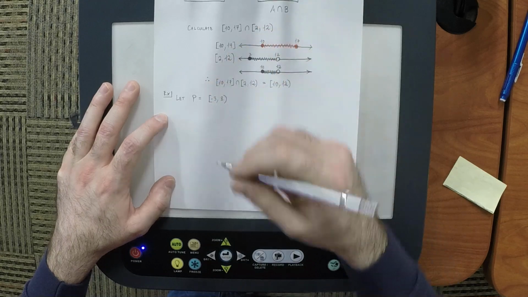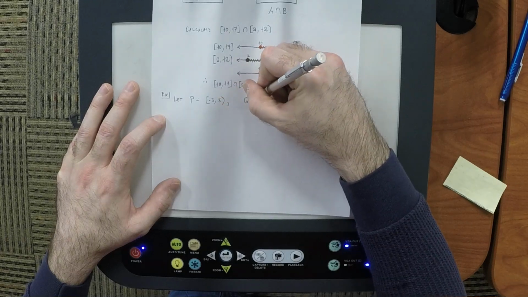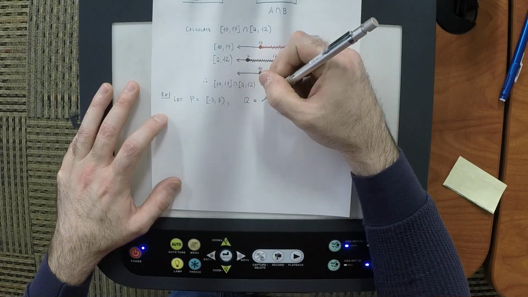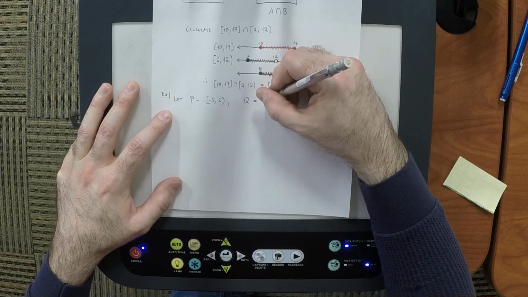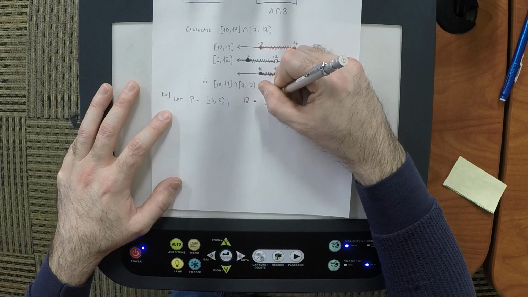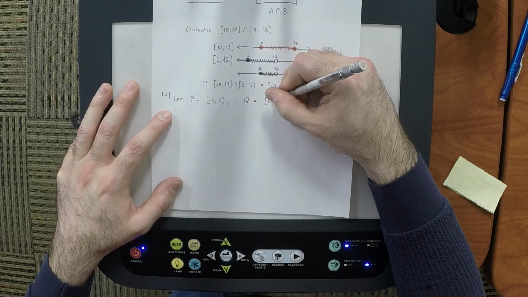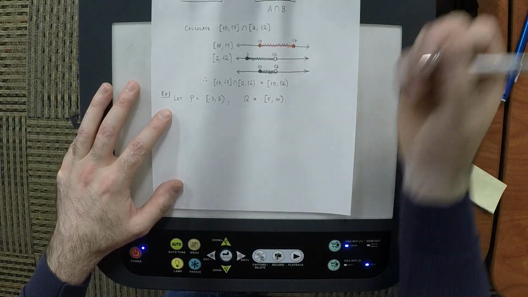That was what we used on the previous page, I think. And let Q be, I don't know, 5 to infinity.